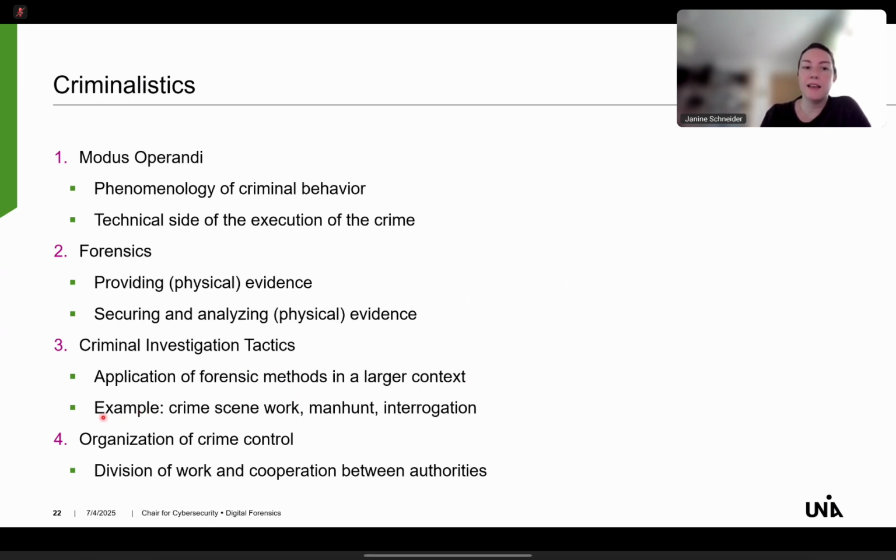And yeah, this is mainly meant for police officers, for example. We have the crime scene work, manhunt, but also interrogations that fall into the criminal investigation tactics. And then we have the organization of crime control.